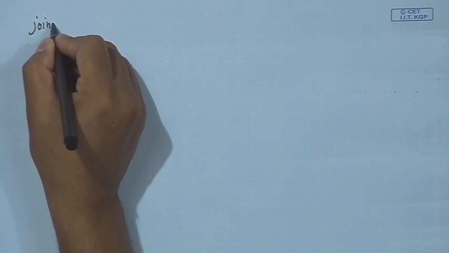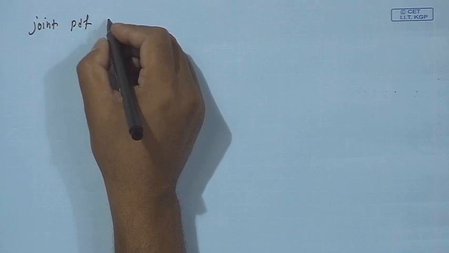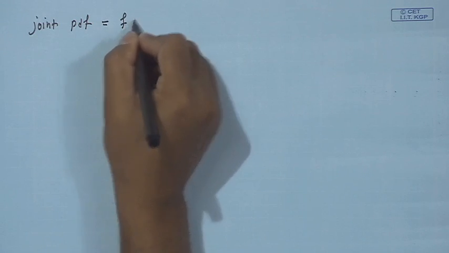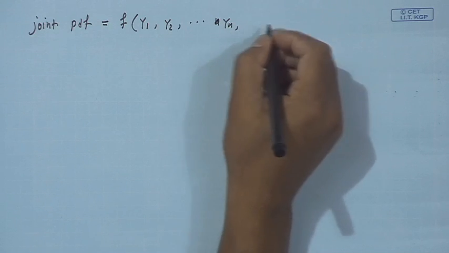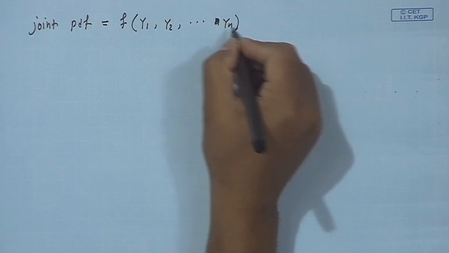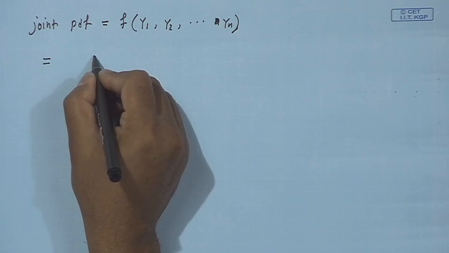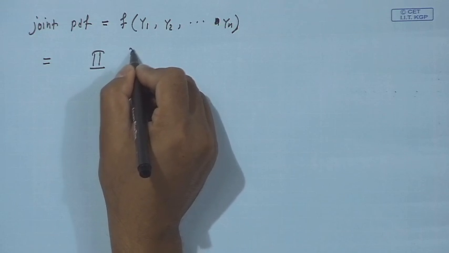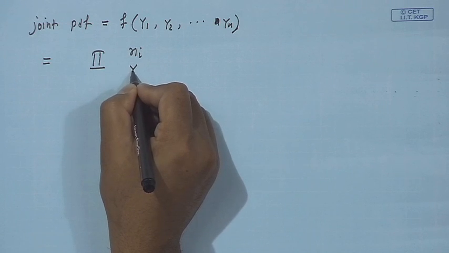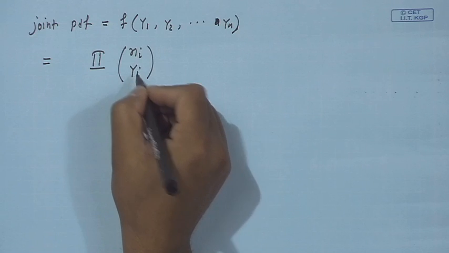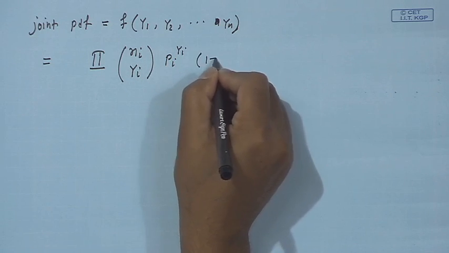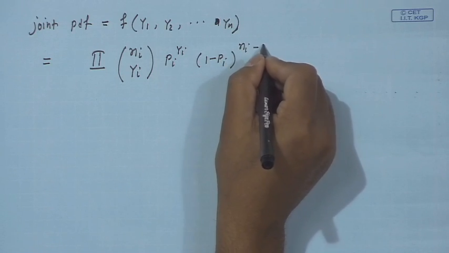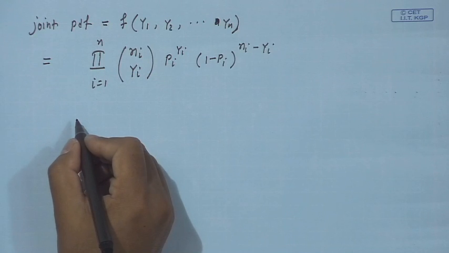So, the joint PDF of y_1, y_2, ..., y_n, let me write it as f of y_1, y_2, ..., y_n, is equal to the product from i equal to 1 to n of n_i C y_i, p_i to the power of y_i into 1 minus p_i to the power of n_i minus y_i.